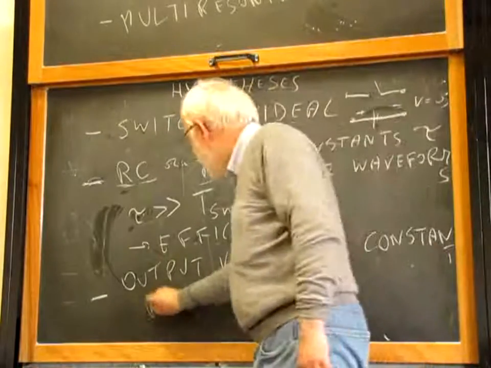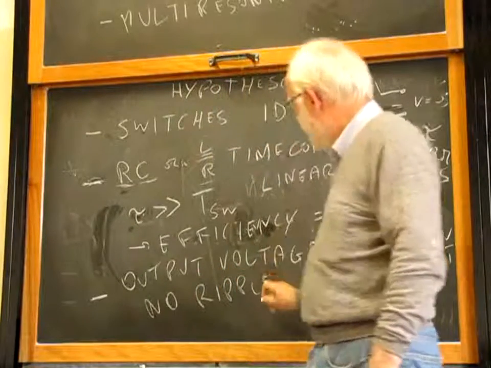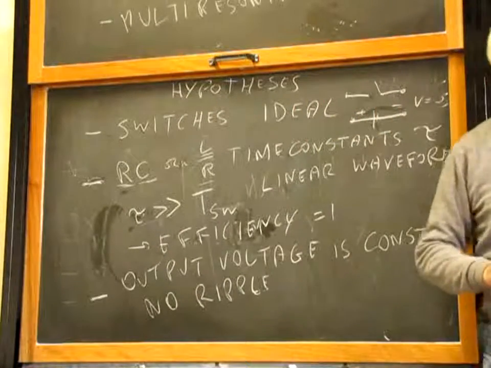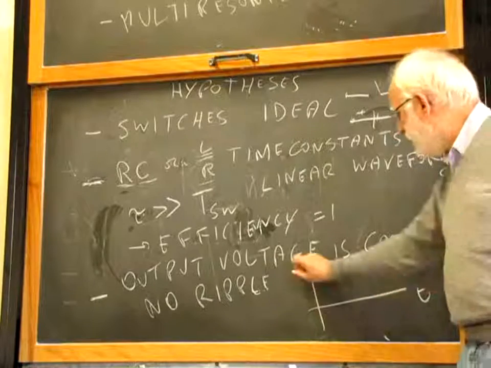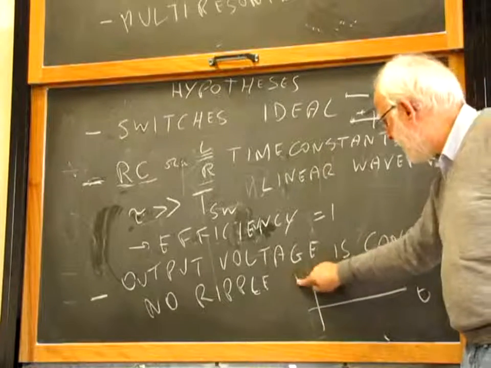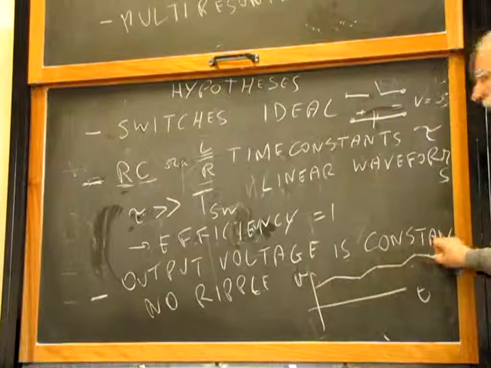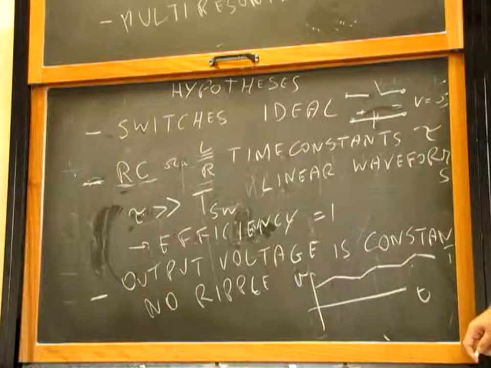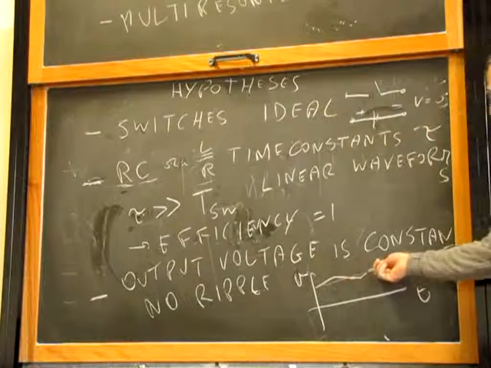That means no ripple. The real output voltage of any converter is something like this. This is time, this is voltage, and the output voltage will be something like this, for example. I exaggerate the ripple. Well, we will analyze our circuits considering constant output voltage.